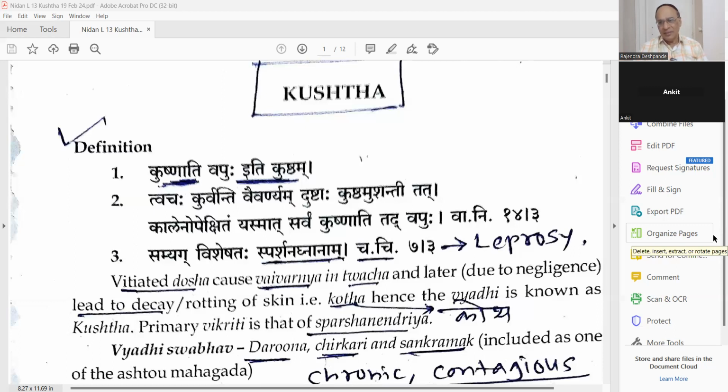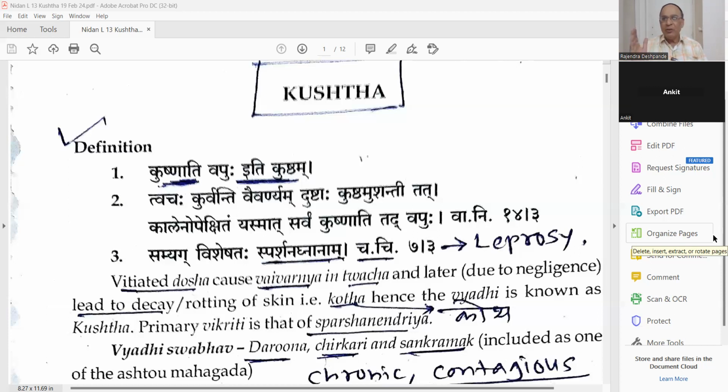Mutraghat and Mutrakrichr. Mutraghat is oliguria and Mutrakrichr is dysuria. Gridhrasi, that is sciatica. Pandu, that is anemia, hemoglobin is low. Dah, burning sensation. Medo Roga, that is obesity, overweight. Sandhigatvat, that is osteoarthritis.